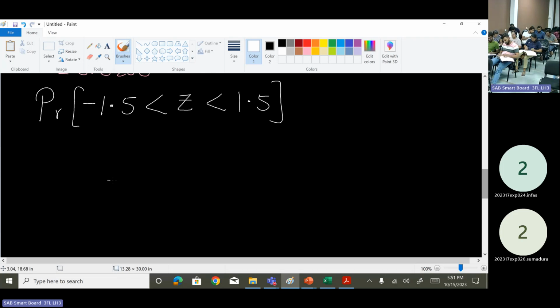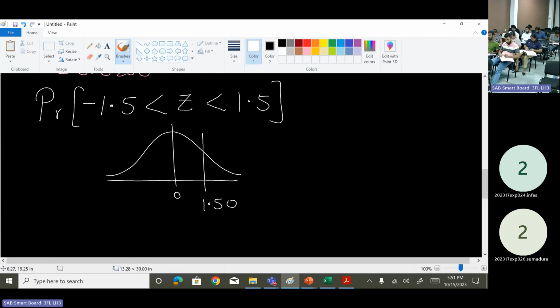Z scale, we can draw the Z scale sketch. 0 comes in the middle. 1.5 maybe somewhere there. 1.5 means 1.50. Minus 1.5 will be somewhere here. So we want above this and below that. So we want this region.